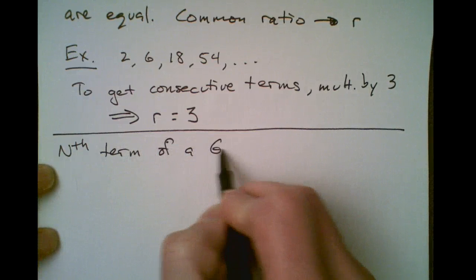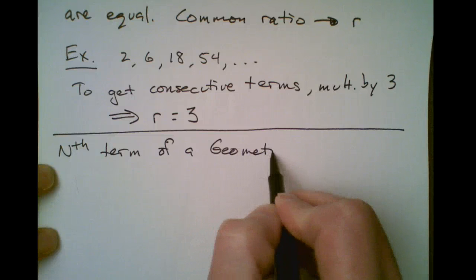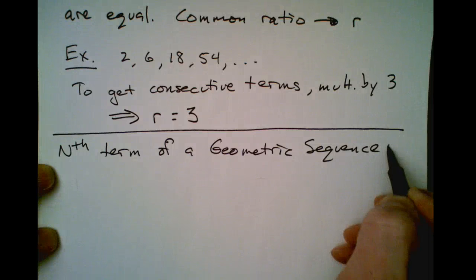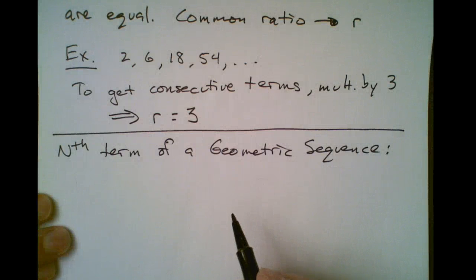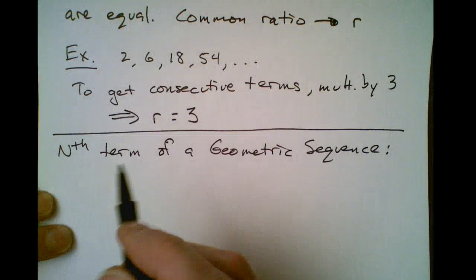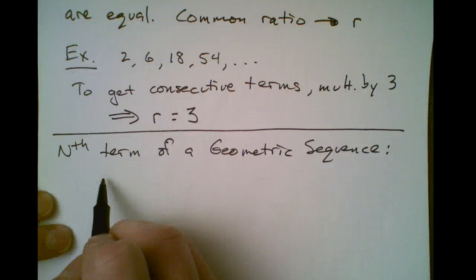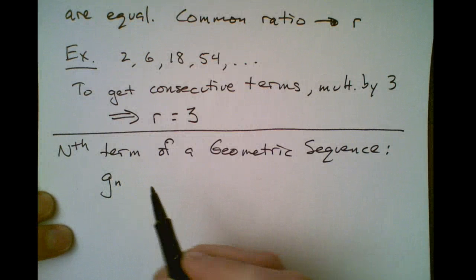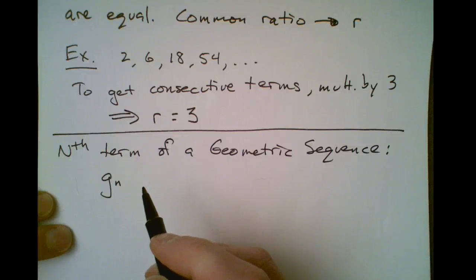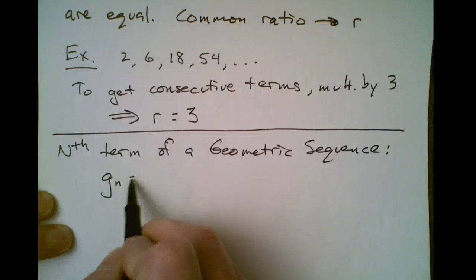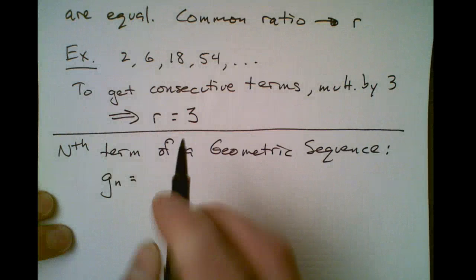So our nth term of a geometric sequence, we're going to have a formula also. Our book still uses a sub n for geometric sequence, but I like to use g. So I'll try and be consistent with that. So g sub n, again, this is just a formula, just like f of x would be a function. G of n is a function as well, except we're only using integer values to plug in.